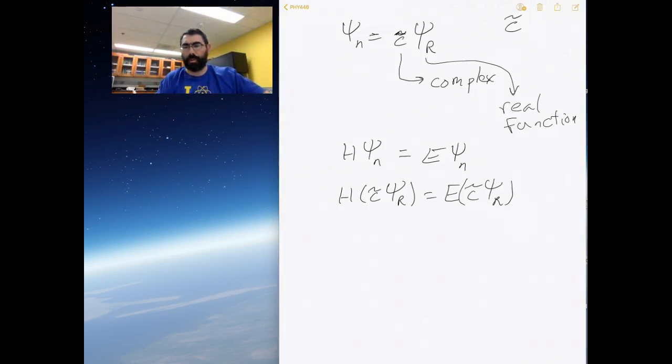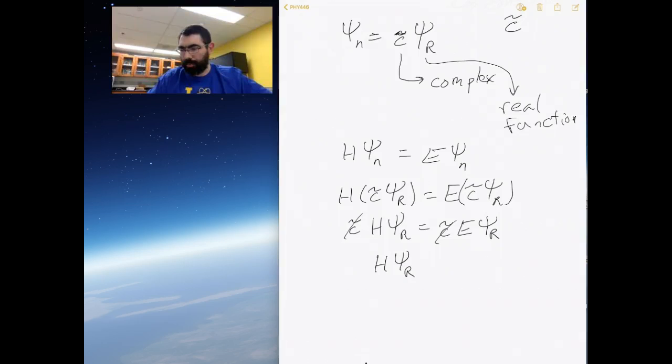It is a constant, so I can pull it out in front of my Hamiltonian, and then cancel the constant on both sides. What I'm left with is the Hamiltonian operating on the real wave function, the wave function that is a real function.